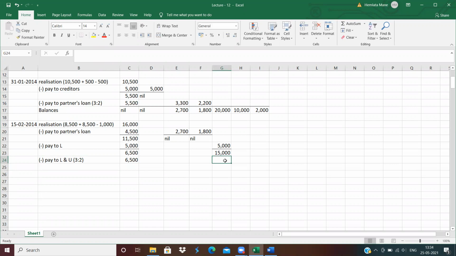6,500 in 3:2 ratio means 3,900. So write down 3,900 and in U's column 2,600. Clear? Now all the cash balance is nil. So carry down the balances of all.